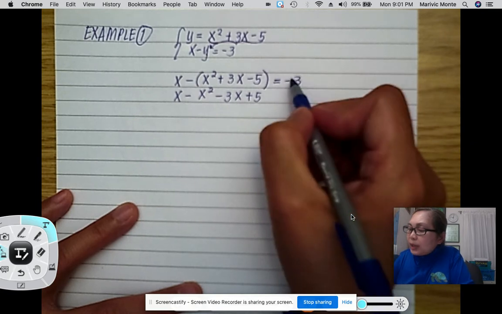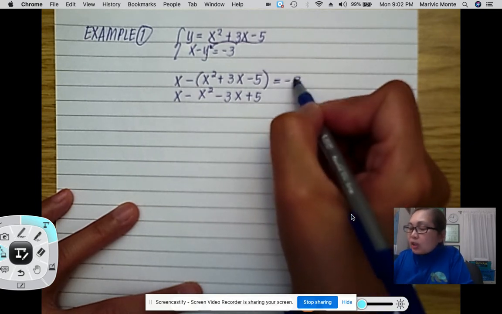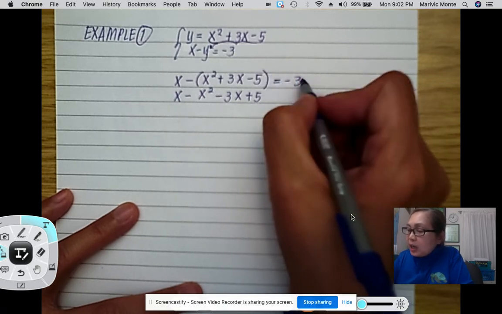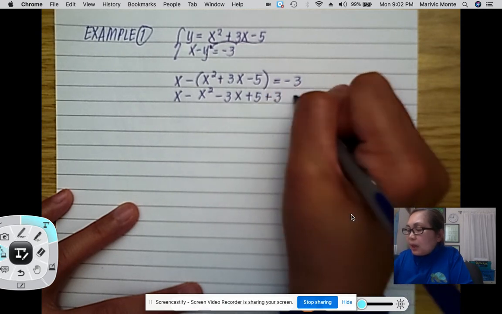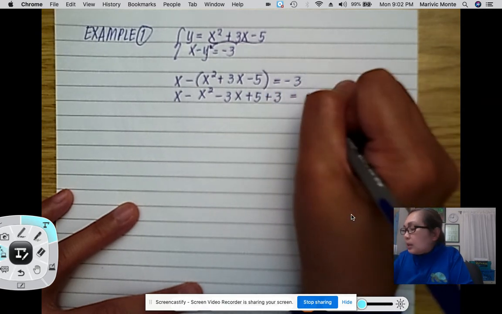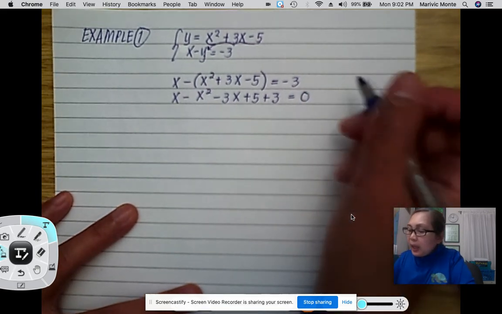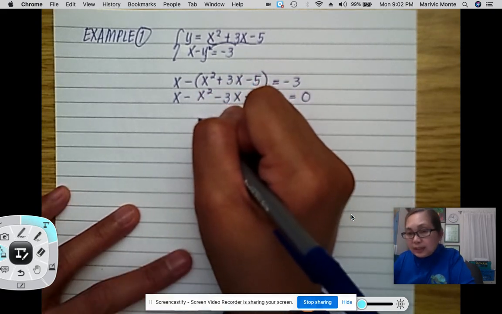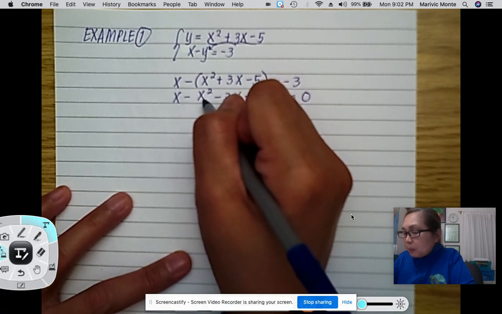And at this point, I'm going to move the negative 3 across the equality symbol. It's going to move over that equal sign, so it will also take the opposite sign and become a plus 3. And I want the other side to be 0. Simplifying, I am going to follow the standard form by going by degrees.